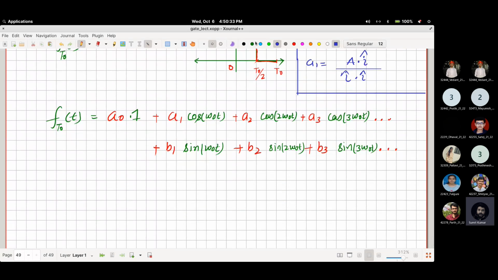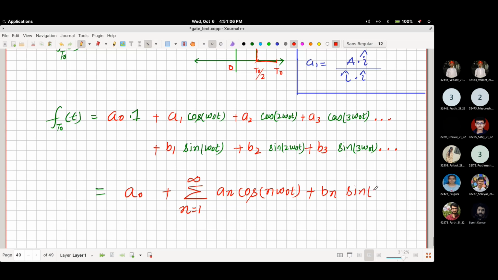So here again, we can compute our a naught. Let me write this in a shortcut notation, that will be better for us. So we can write this as a naught times 1, which is a naught only, and then the summation from n equal to 1 all the way up to infinity of a_n cos n omega naught t, and then b_n sine n omega naught t.